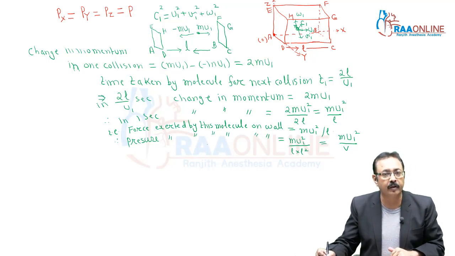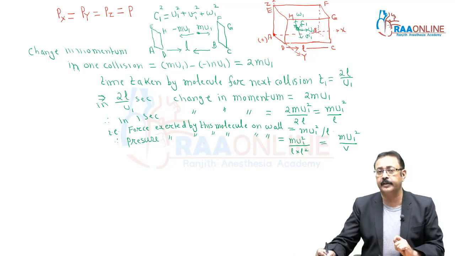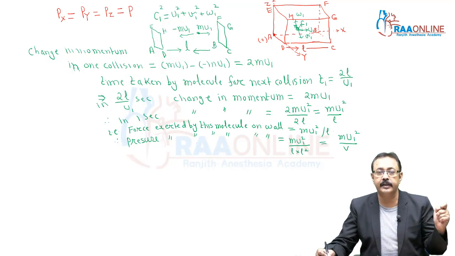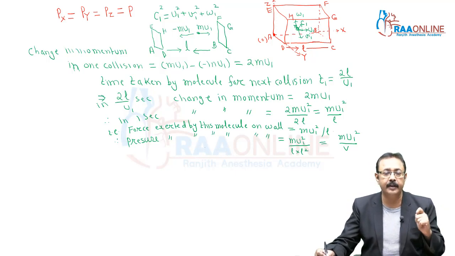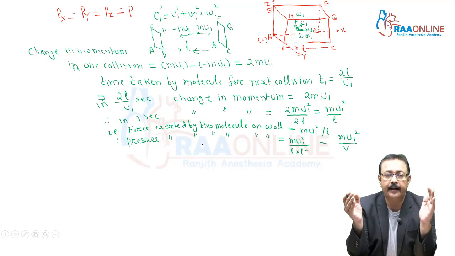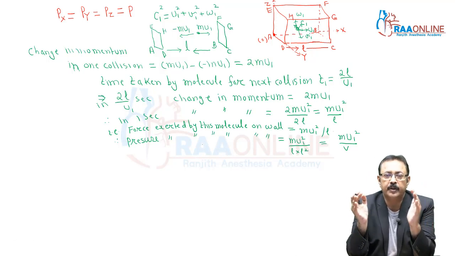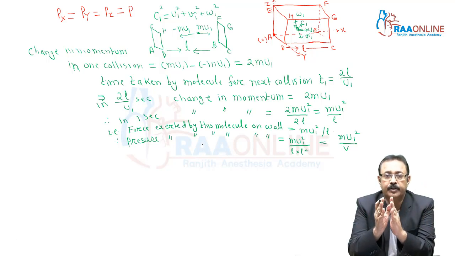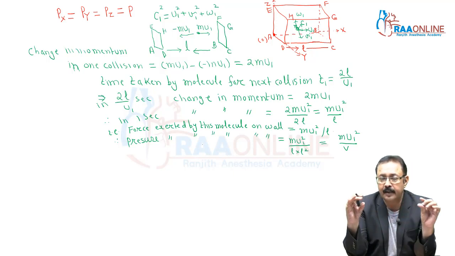Since all molecules have the same mass and are moving in the same container, m and V are the same for all. What is different for the second molecule? Its velocity is u2. For the third, it is u3. If we add the pressure of all molecules, we will get the total pressure of gas in the x-axis direction.